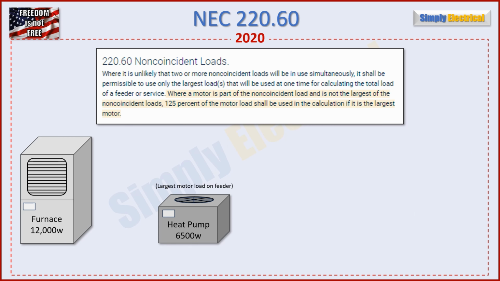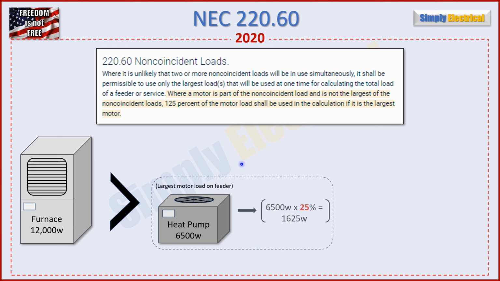It seems the reason for the extra sentence being added was to recapture the inrush current of the largest motor, which had always been excluded in the past. If they had used the value 25% instead of 125%, this would be accomplished. So the furnace is the largest non-coincident load.